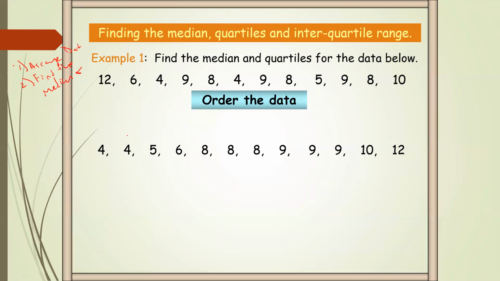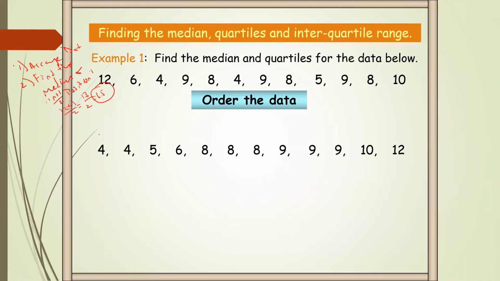All right, so if you remember from the online lecture, I showed you how to do this using what's called the (n+1) divided by 2 position. If you look, there are 1, 2, 3, 4, 5, 6, 7, 8, 9, 10, 11, 12 data values. So you go 12 plus 1 divided by 2, all right? That gets me 13 divided by 2. That means the median occurs in position 6.5.